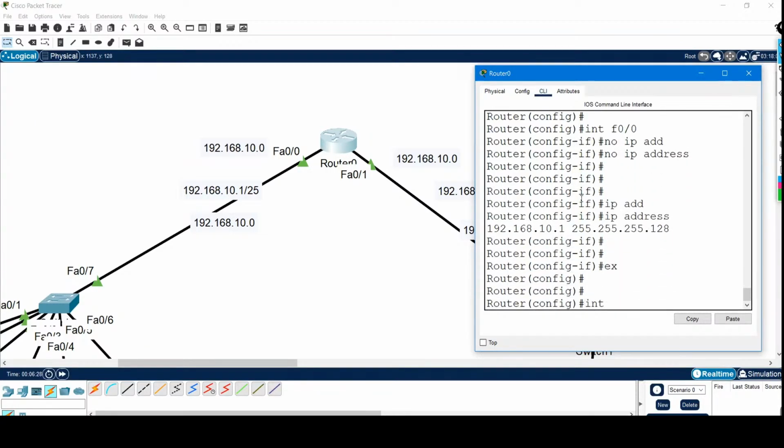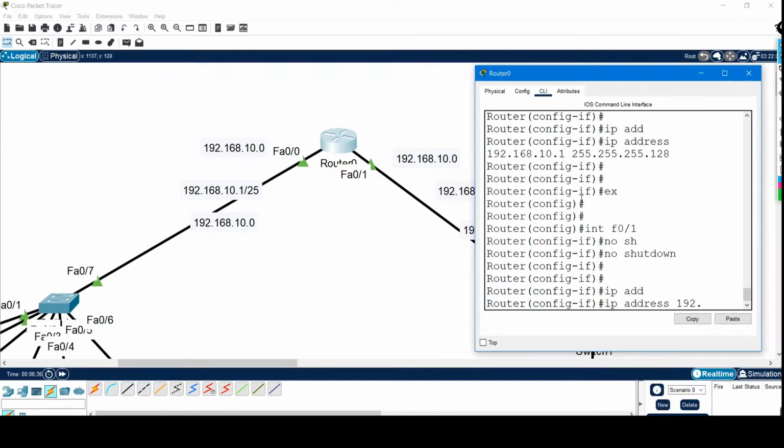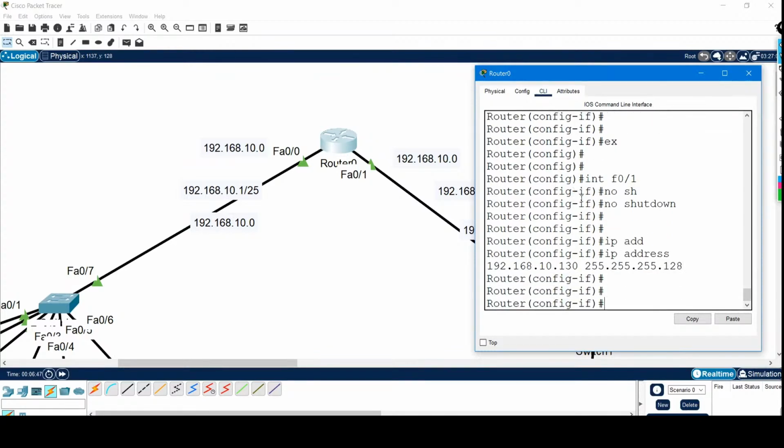Now interface F0/1, no shut, and the IP address is 192.168.10.130, subnet mask 255.255.255.128. Now you can see this IP address is not overlapping with the IP address running on F0/0, because the network IDs of both IP addresses are different.